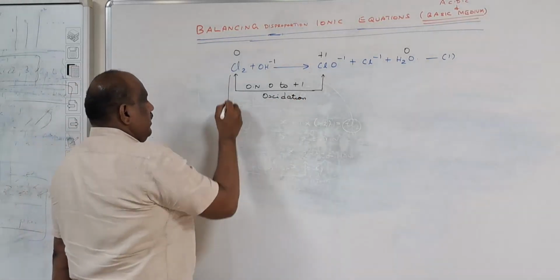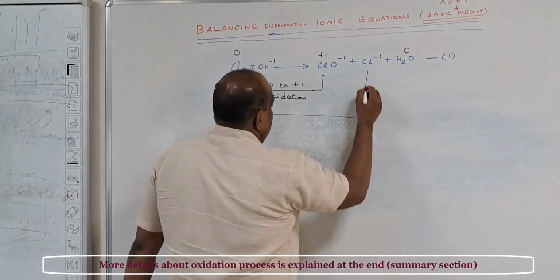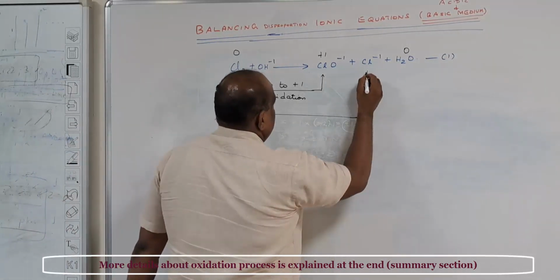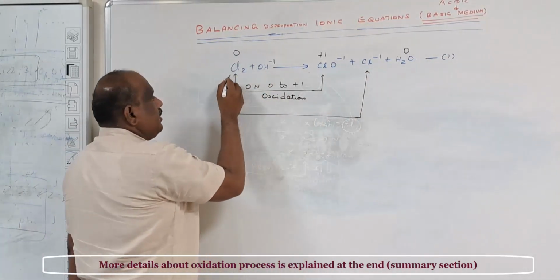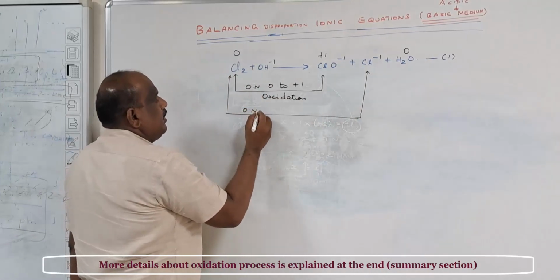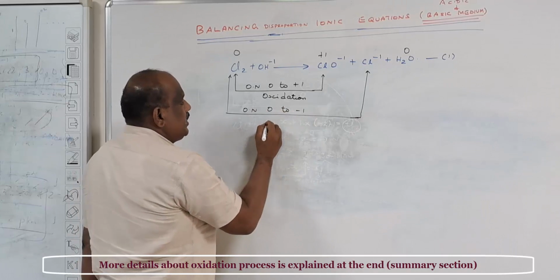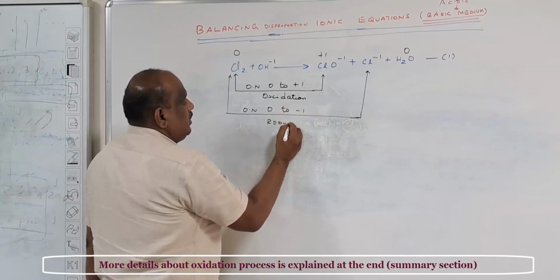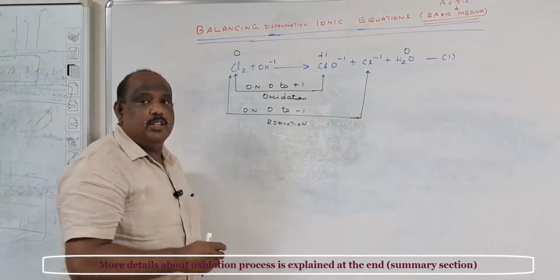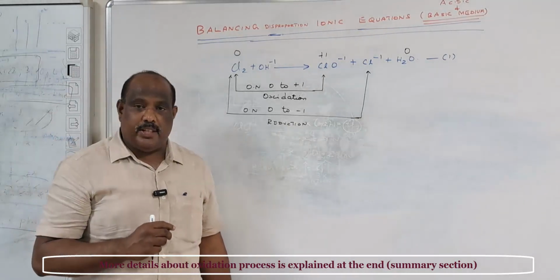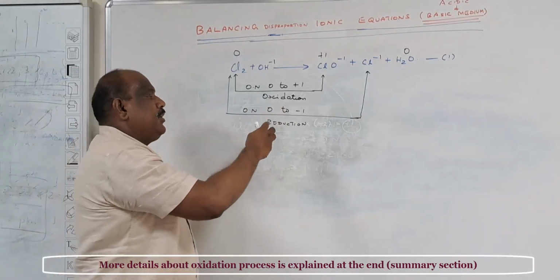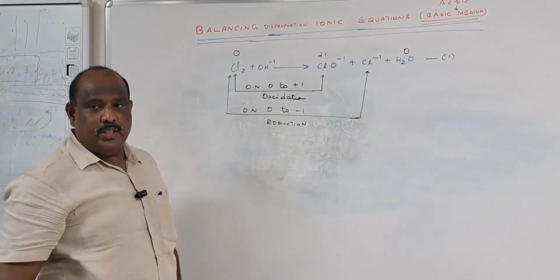On the other hand, if I am going to take this one, here what happens? The oxidation number decreases from 0 to what? -1. So this reaction is called what? Reduction. So you may feel this is also a normal redox equation because in the same equation, we have both reduction as well as oxidation.